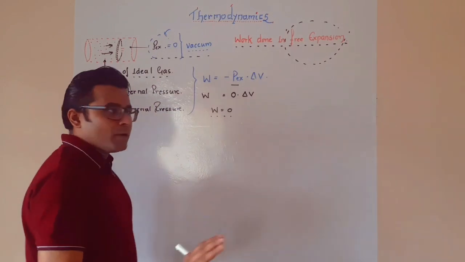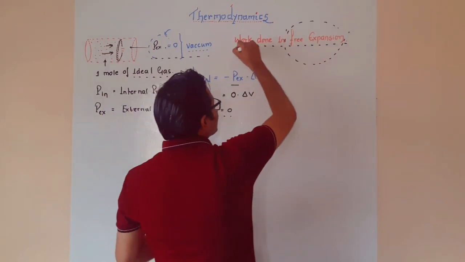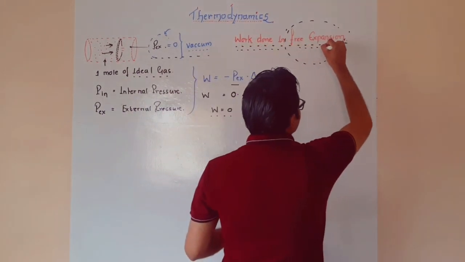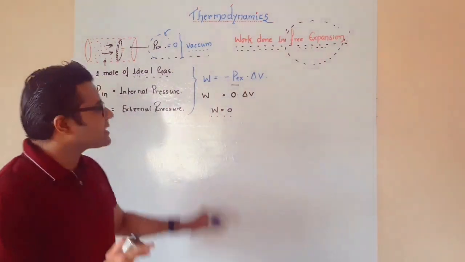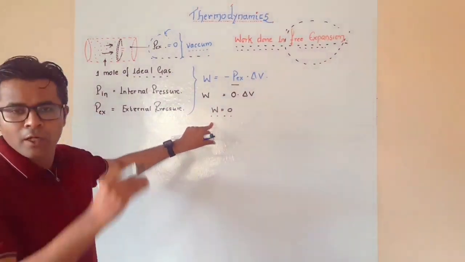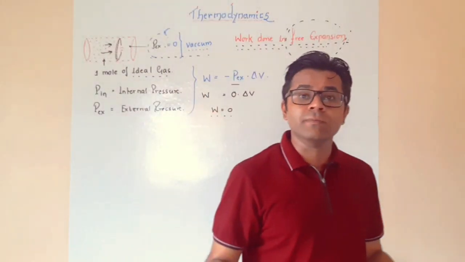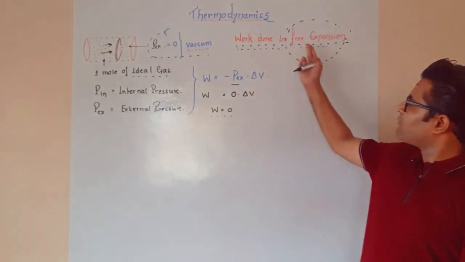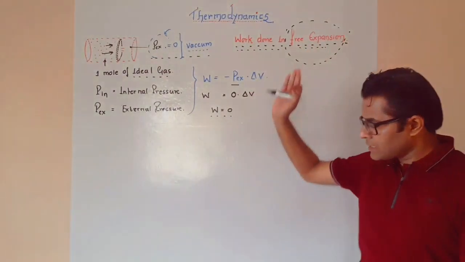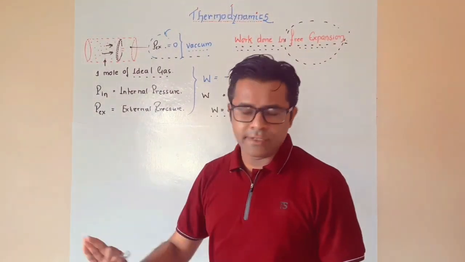Okay, so whenever we take a look at the work done in a free expansion, whether this particular work is reversible or irreversible, if it is happening in a vacuum, if it is happening during a free expansion, the work is going to be 0.